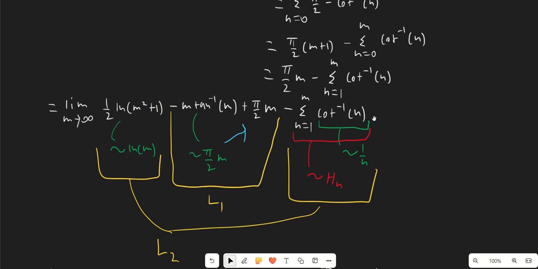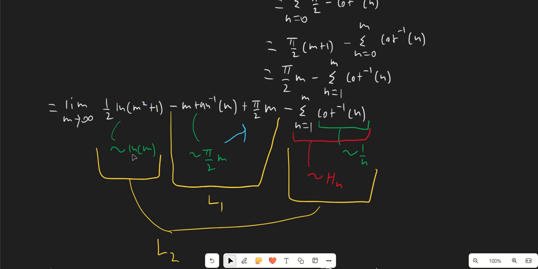And whenever you have big limits like this, especially if the limit is as something goes to infinity, you should say, okay, do any of these have a nice asymptotic form that they tend towards? So, for example, for natural log of (m squared plus 1), this is the same as natural log of the square root of (m squared plus 1), and as m gets really large, the difference between the square root of (m squared plus 1) and just m literally goes to 0.